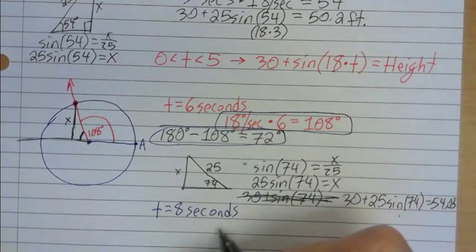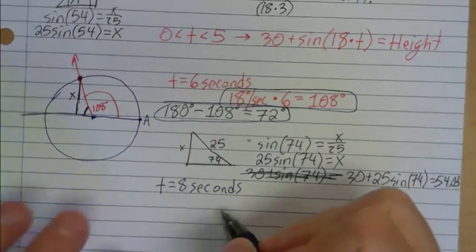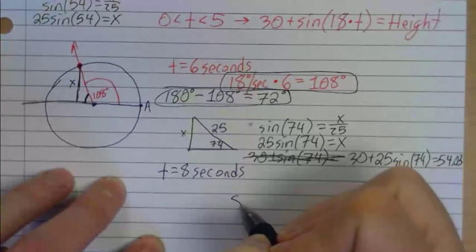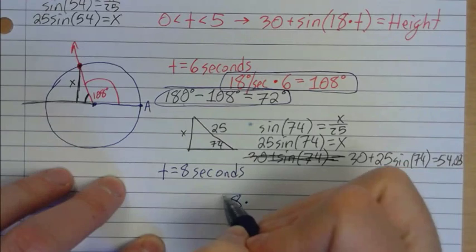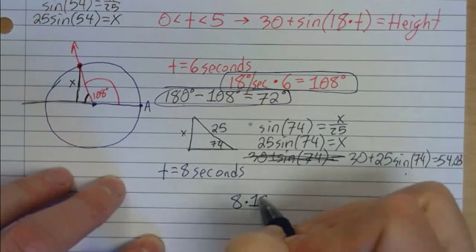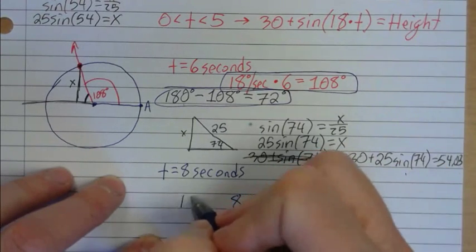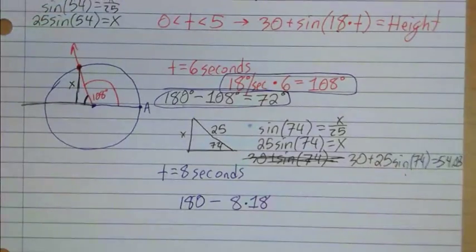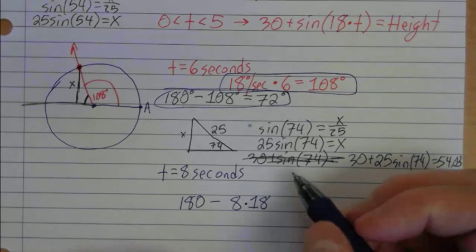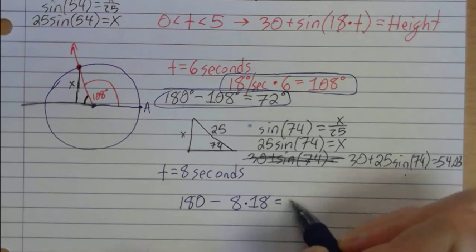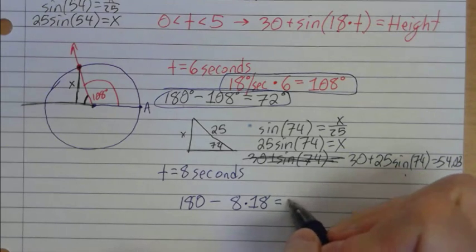First I'd be doing 8 multiplied by 18, and then I would just subtract that value from 180. So I know that the angle I would have after 8 seconds would be 144 degrees. But if I go backwards from 180, I would have an angle of 36 degrees.